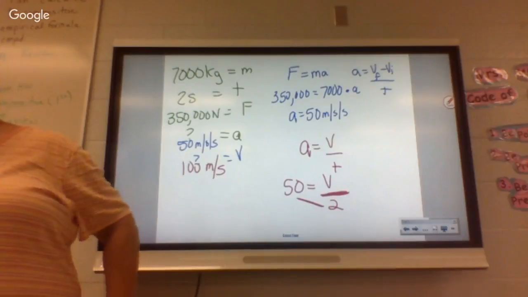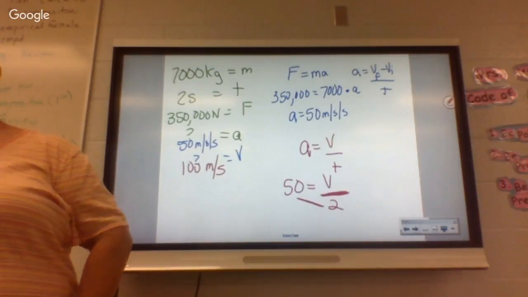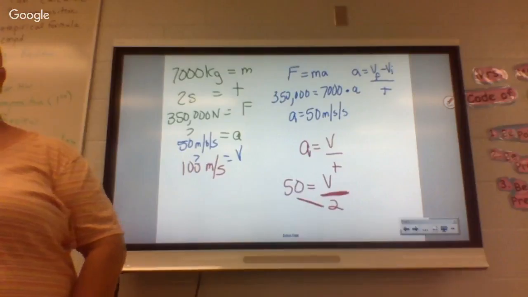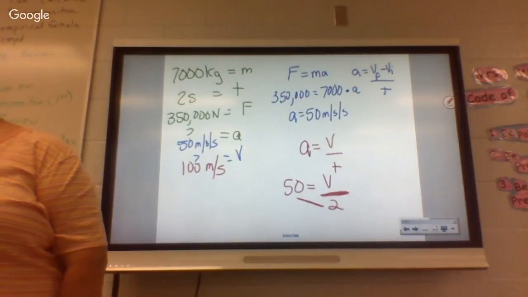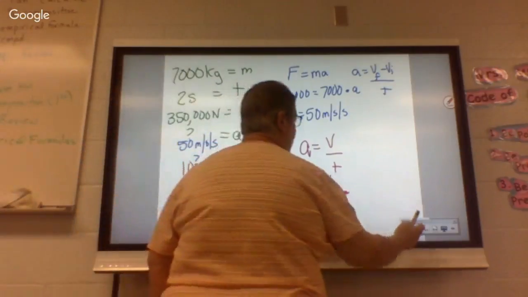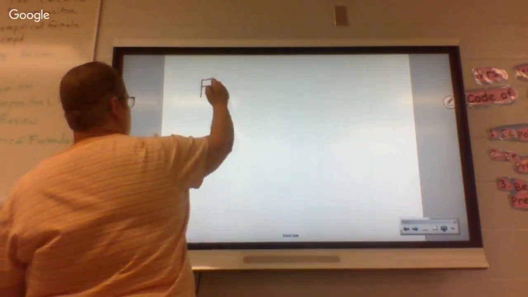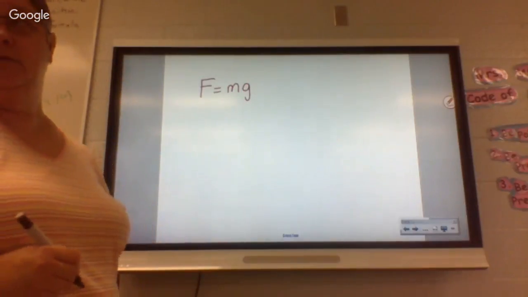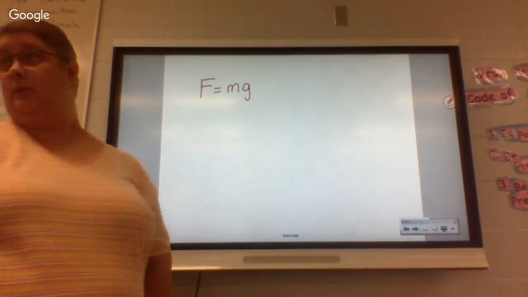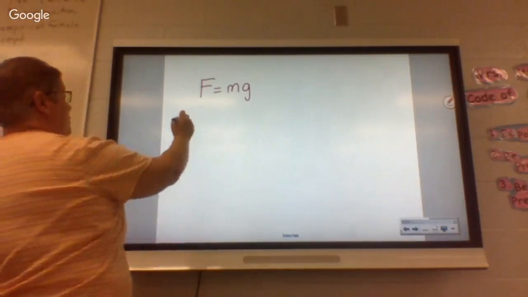All right, the last question on the front said to find the weight. A person weighs 540 newtons. Find the person's mass. So what was our formula that had weight in it? F equals mg. So weight is 540.